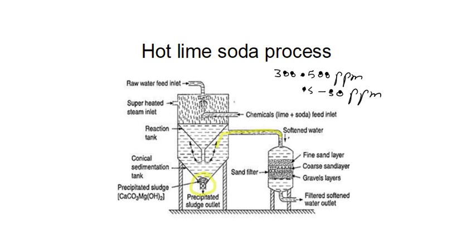This is in fact achieved in the hot lime soda process and cold lime soda process. But hot lime soda process is better, it is advantageous: the rate of reaction is fast, coagulants are not required, particle size growth takes place quickly because of the elevated temperature, and the formation of products, calcium carbonate and magnesium hydroxide, also occurs quickly. Therefore hot lime soda process is preferred over cold lime soda process.